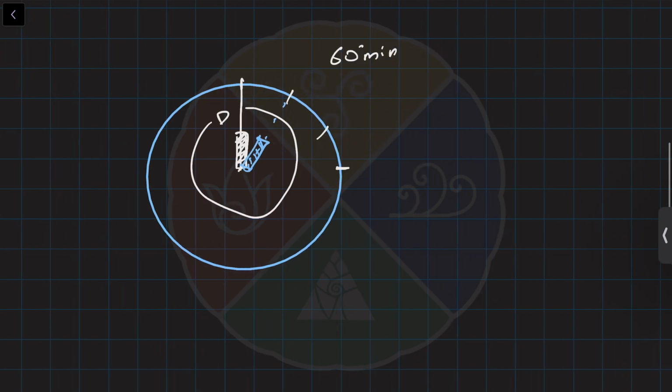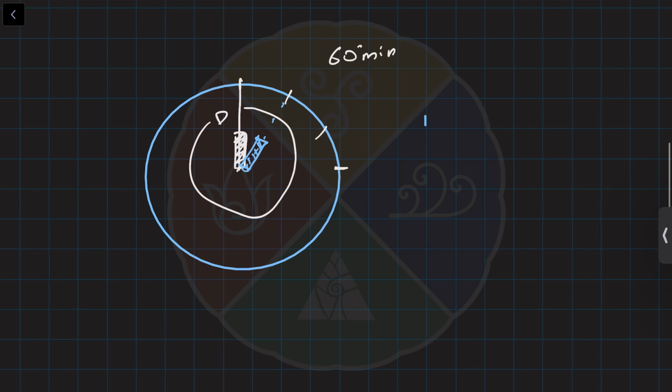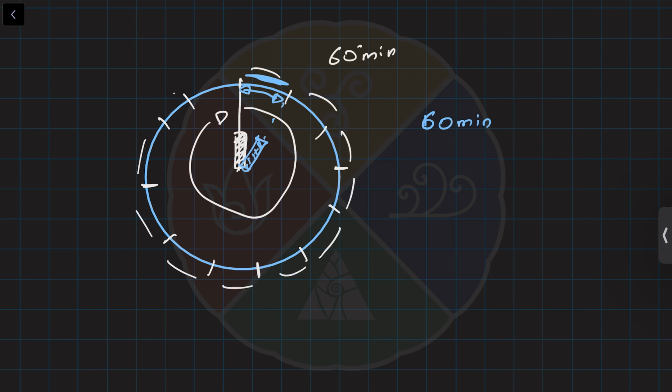So let's calculate that. In 60 minutes, which is 1 hour, the hour hand has to travel this much distance. That distance can be easily calculated, because a clock is divided into 12 sections, and there are 360 degrees in total.